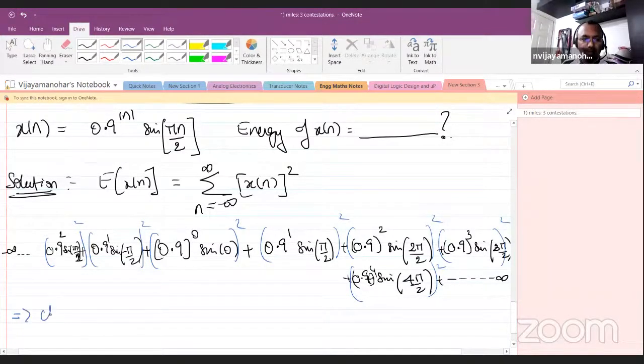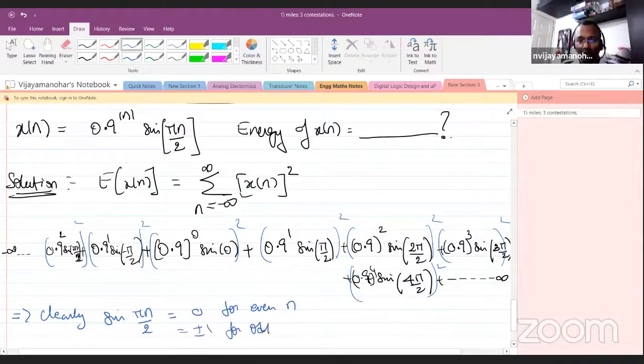So let's see what is going to come. Clearly, sine pi n by 2 will be 0 for even values of n. It is plus or minus 1 for odd n. Because if I put an even number, I'll get sine pi, sine 2 pi, sine 3 pi, sine 4 pi, so sine n pi will be 0.